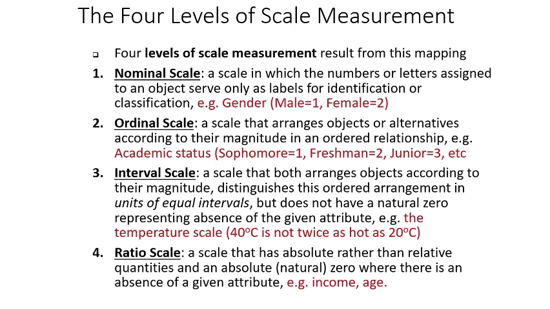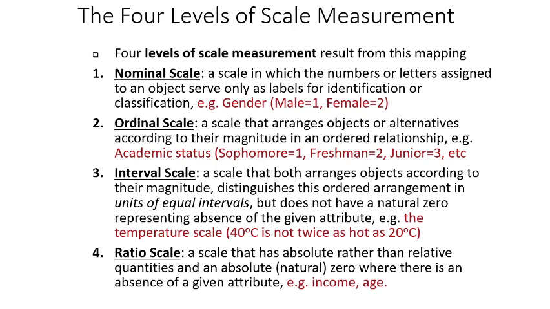The fourth is the ratio scale, a scale that has absolute rather than relative quantities and an absolute natural zero, where there is an absence of the given attribute. Examples are income and age.